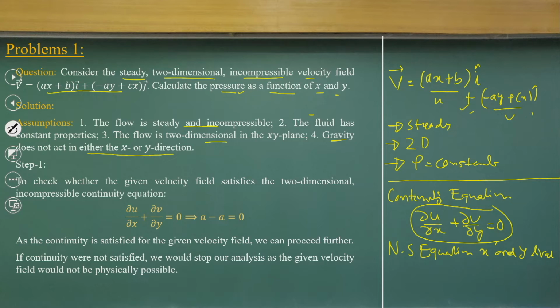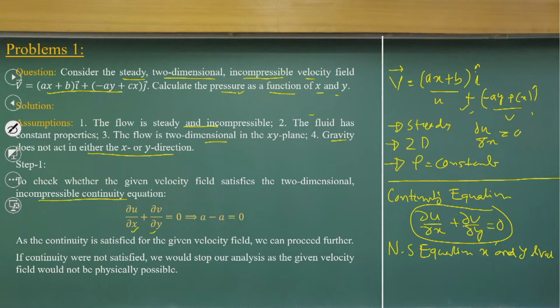If the velocity field does not satisfy the continuity equation, we should not find the pressure field for it. We are using the incompressible continuity equation to check whether the given velocity field is really possible for a fluid flow or not. So you can do a simple partial derivative of the u field, del u by del x.